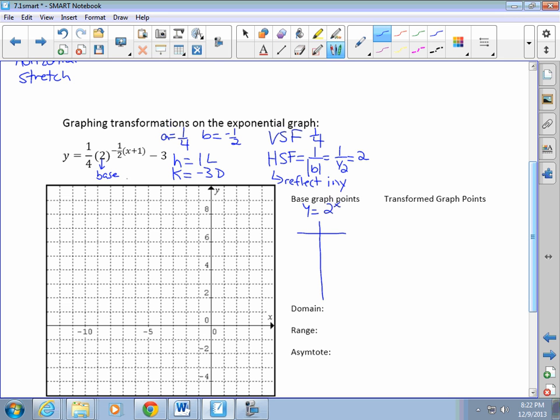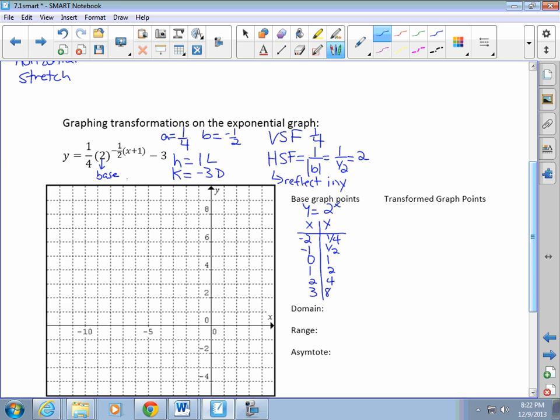So if I did my table of values for this, at negative 2 I'd have 1/4, negative 1 I'd have 1/2, 0 I'd have 1. At 1 it would be 2, 2 is 4, 3 is 8. So those are my basic values.